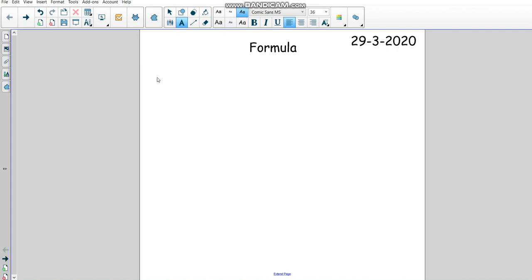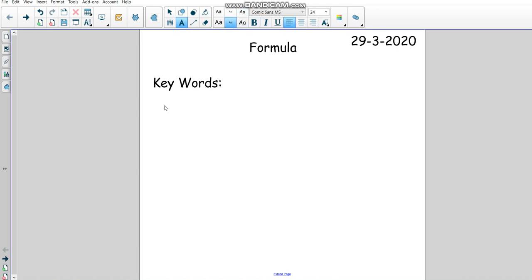So let's see now what are the key words that will help me to understand and to get which operation am I going to use.